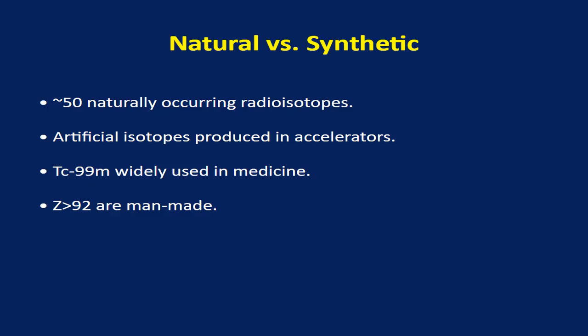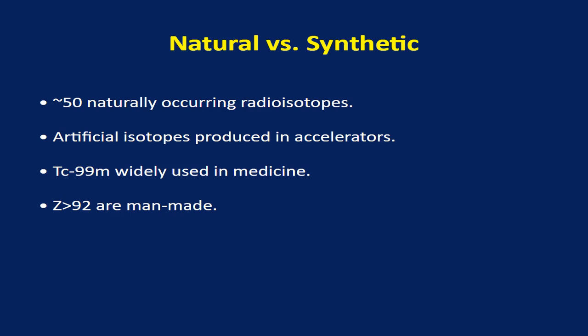Natural versus synthetic. Nature gives us about 50 naturally occurring radioisotopes like radium-226 or uranium-238. But as humans, we have learned to make our own.